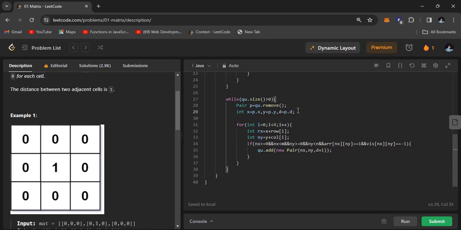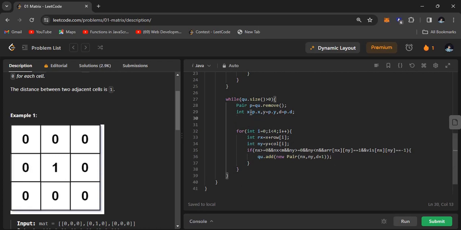And if you find this, that means for this x and y cell the nearest zero cell is at d distance, so you need to store this in the answer array.